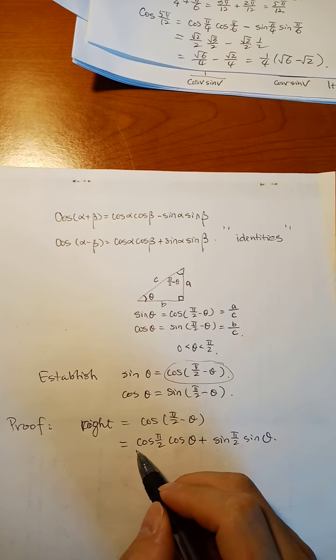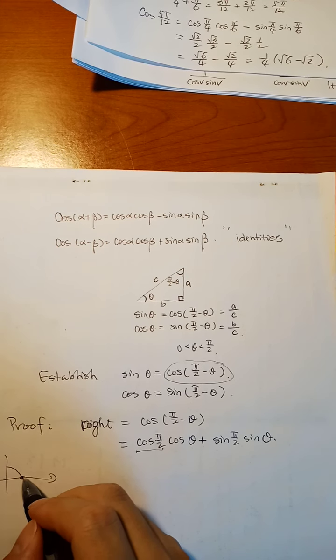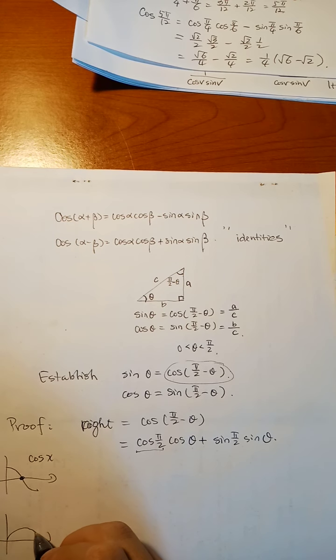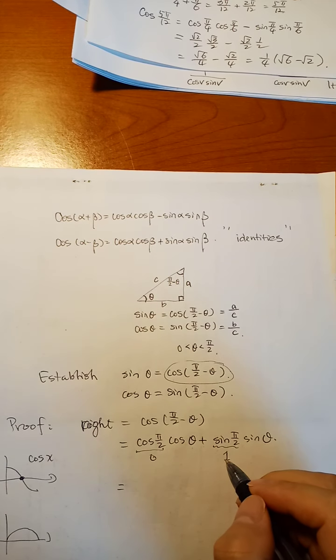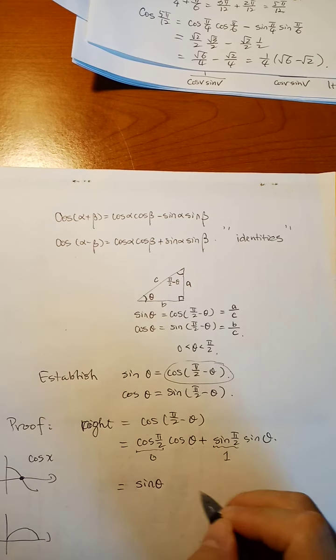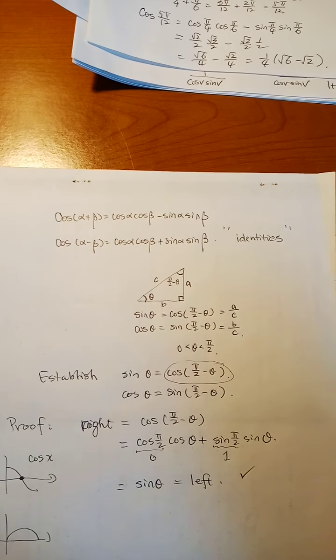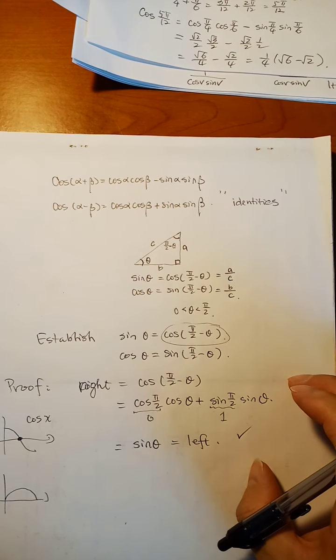And then you recall cosine of pi over 2 is 0, always keep this in mind, and sine of pi over 2 is 1. 0 times cosine theta is 0, 1 times sine theta is sine theta. Okay, this is the left hand side. So the right side after computation is the left hand side. It's an identity.